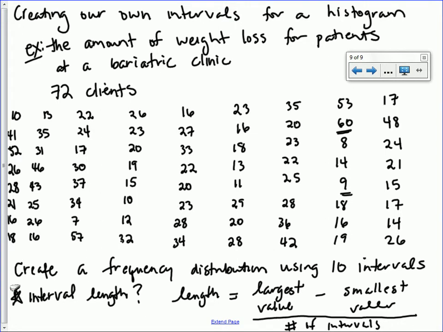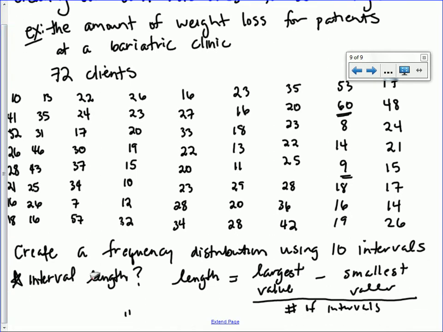So for our example, it turns out that 9 is not the smallest and 7 is the smallest. So we would have our computation look like length equals the largest value is 60, the smallest value is 7, and we're going to divide that by 10.